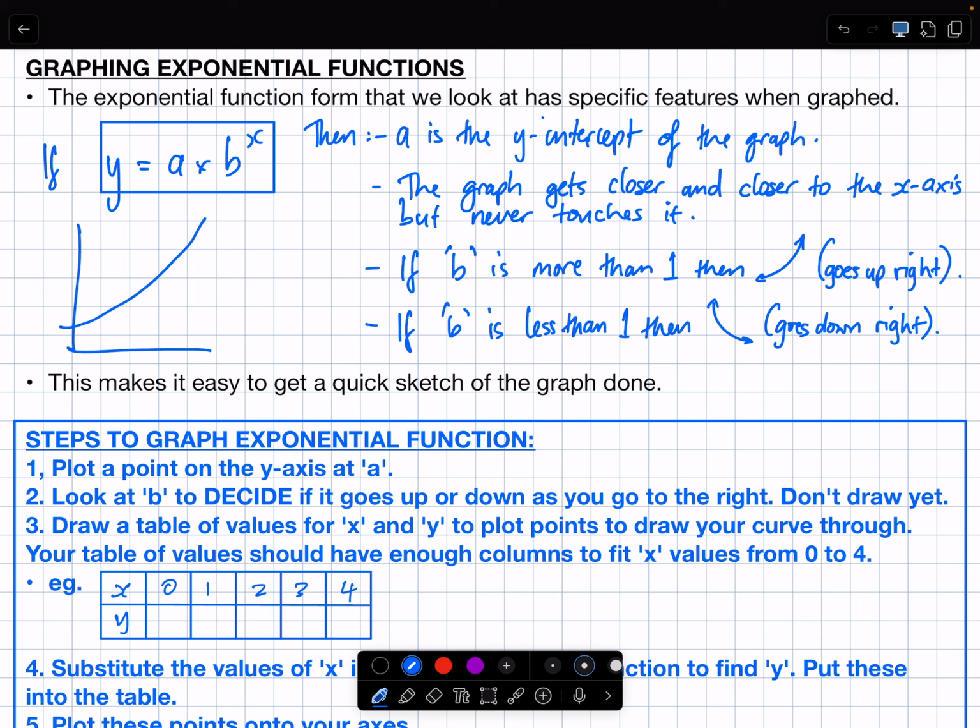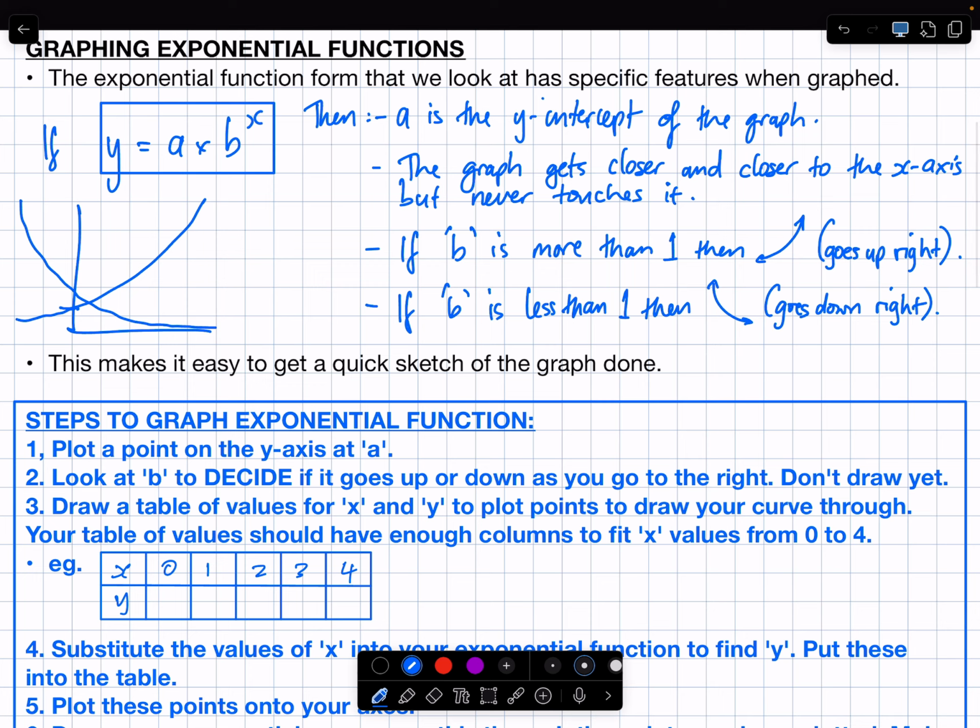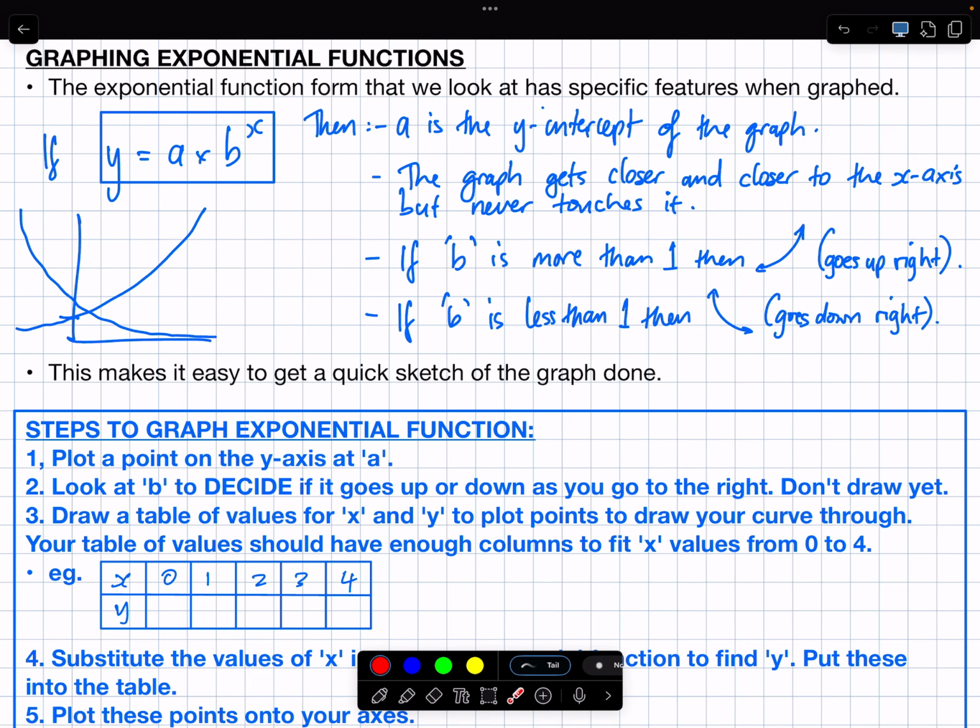So on the left-hand side, it'll always get closer and closer to the x-axis, but never touch. Some exponentials, they'll go down like this. They'll get closer and closer to the x-axis, but never touch. The other thing that you'll notice, if this number here is more than 1, it goes up to the right. If b is less than 1, then it goes down to the right.